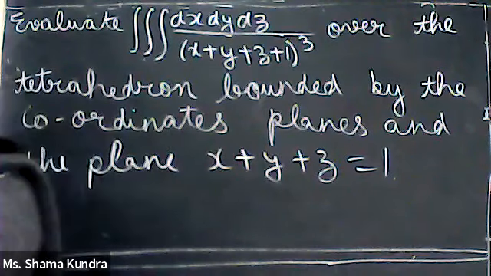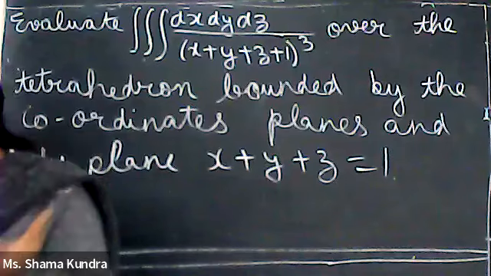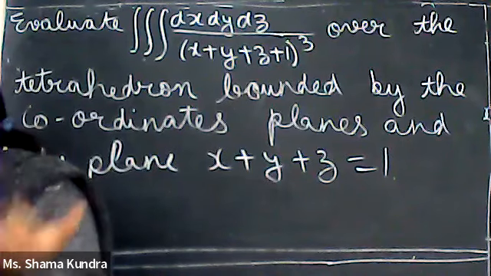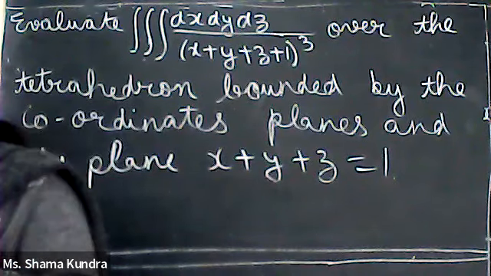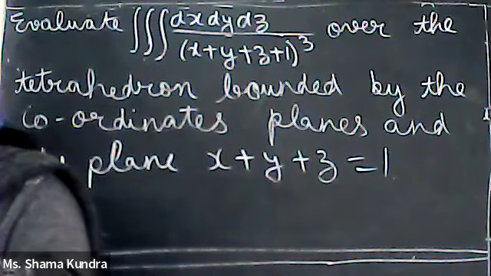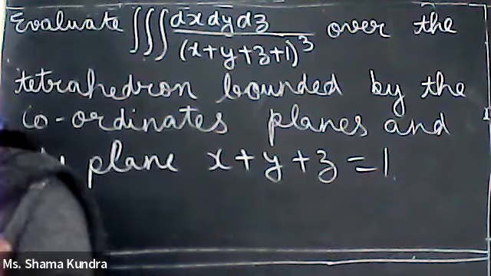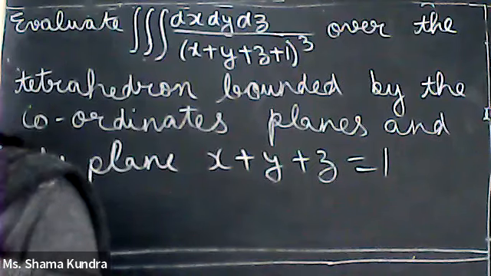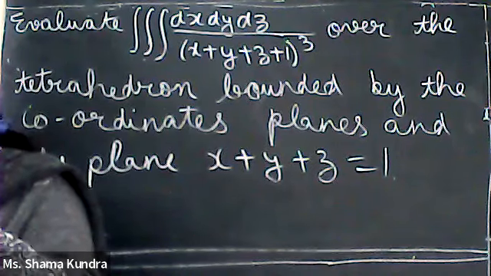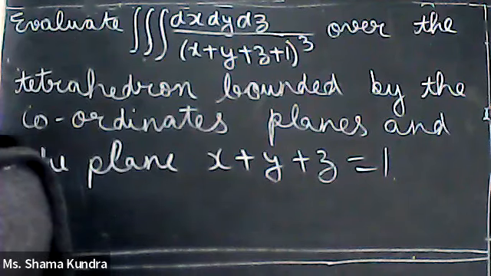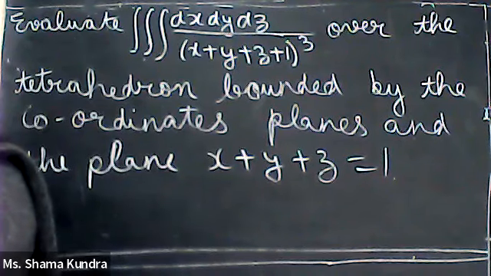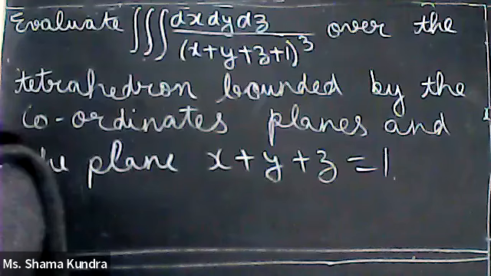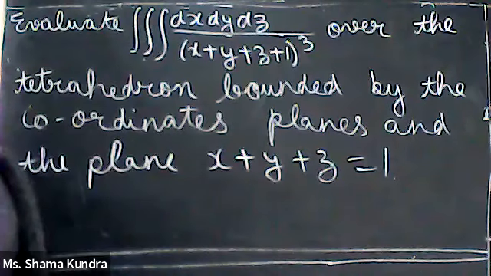In a double integral, there are 2 types of questions. In the first type, the limits are already given and we just have to integrate. In the second type, the function is given and we have to find the limits ourselves. In the same way, in a triple integral, we have 2 types of questions.